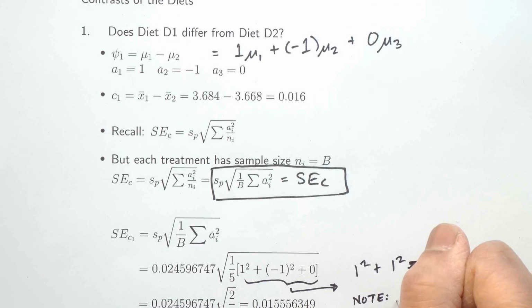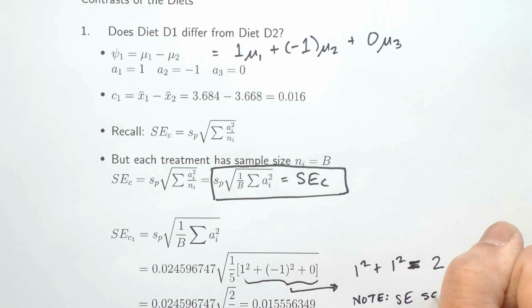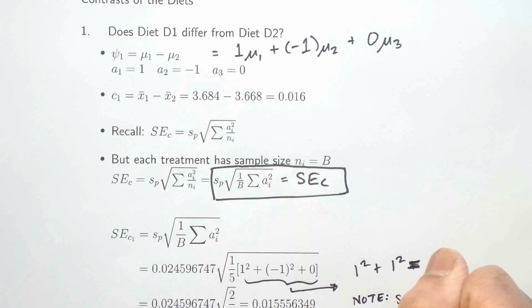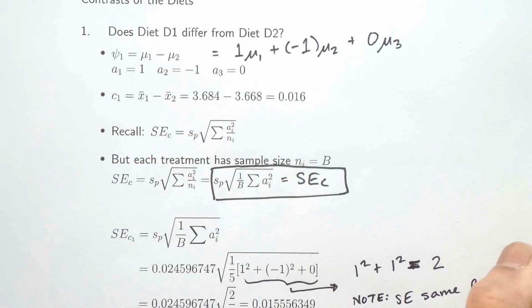And why is that? Because if you're only doing pairwise comparisons, you're always going to have a positive 1 somewhere, a negative 1 somewhere, and a 0 for the other coefficient. It doesn't matter once we sum the squares of those coefficients, it will always equal 2.